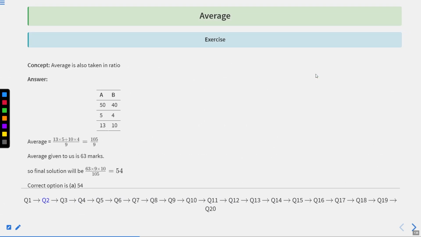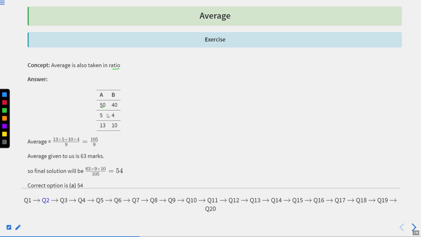So again, the concept here we will use is ratios. We will take the average in ratios. So for A, the number of students will be 50, because it is already given that the number of students combined in section A and B is 90, and it is also known that A has 10 more students than B. So obviously the number of students in A is going to be 50 and number of students in B is going to be 40.